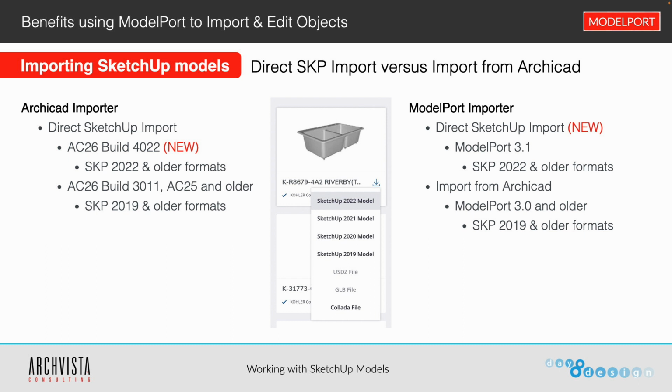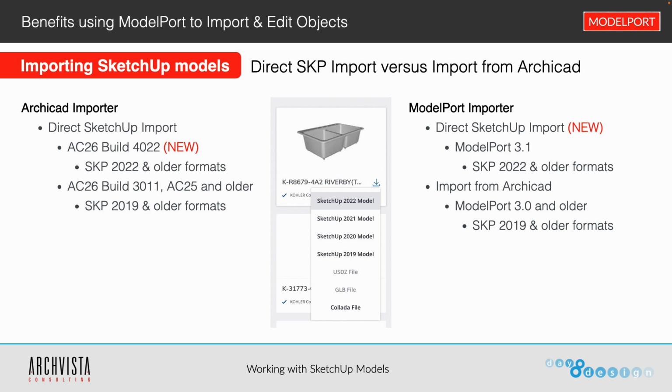And within ArchiCAD 26, build 4022, which is the most recent build, you can now import SketchUp 2022 and older formats. That's something very new. In ArchiCAD 26 build 3011, which was released in the summer, and ArchiCAD 25, and any older versions of ArchiCAD, they were always back a couple versions from the most recent.